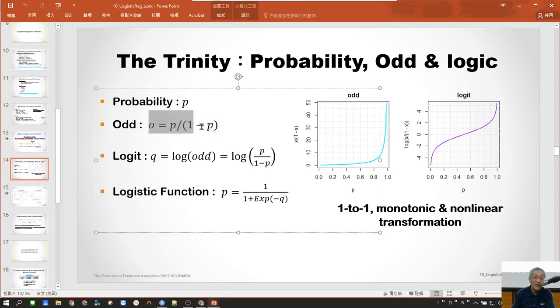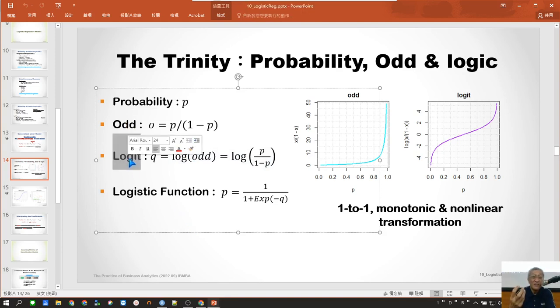This is called logit. So if you have P, you can calculate odd. If you apply a logarithm transformation on odd, you get a term called logit.